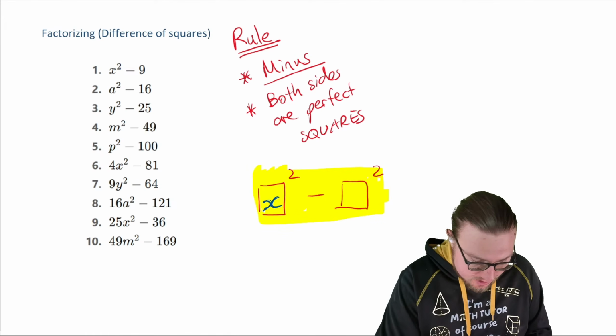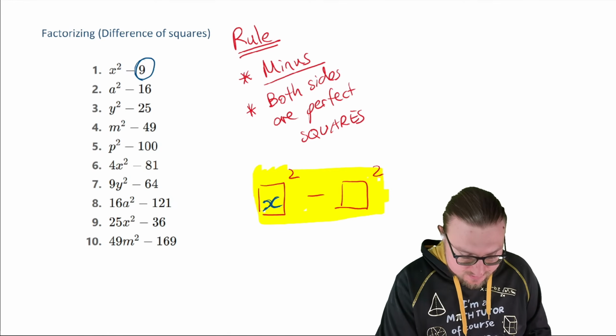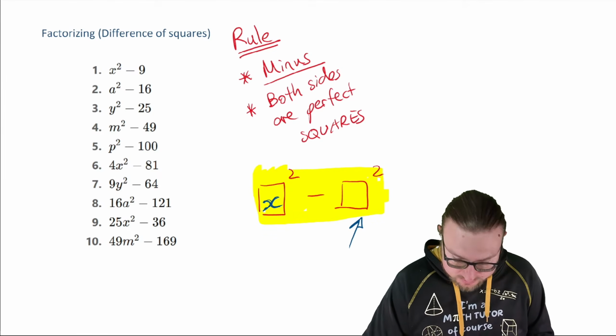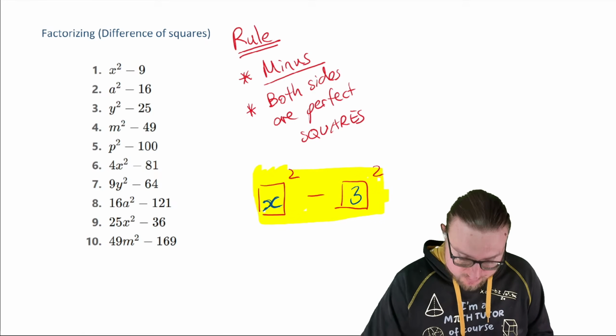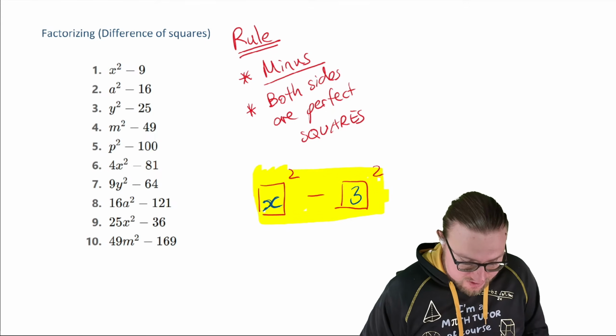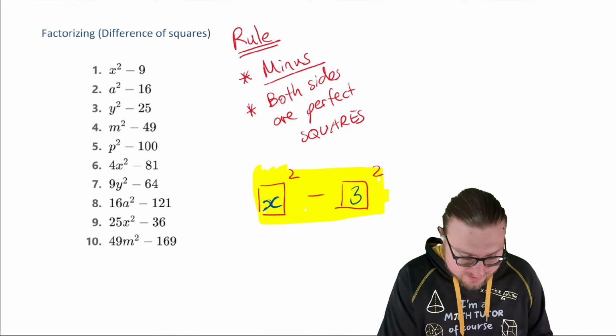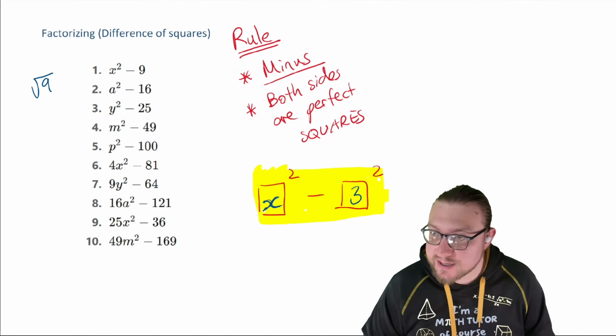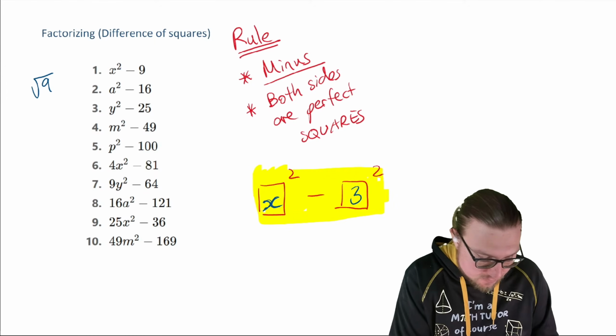We're good. Now for the second part, we have 9. So what do we have to put in this box to get 9? Well, something squared is 9. That's 3. If you forget your times table, you can use the square root of 9 in the calculator to find what that number is, which is 3.